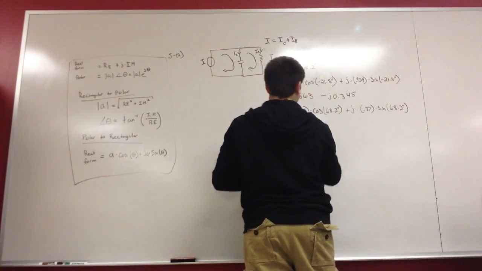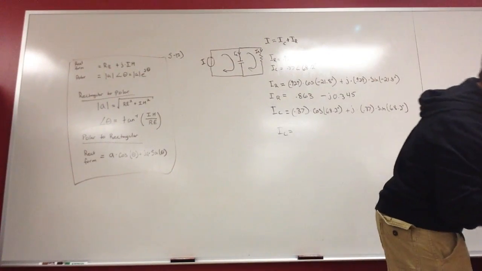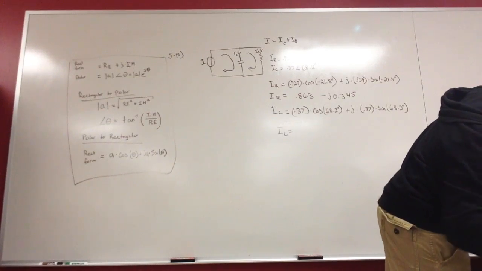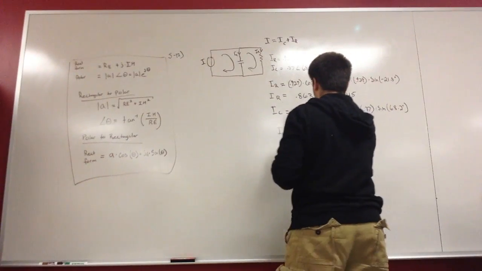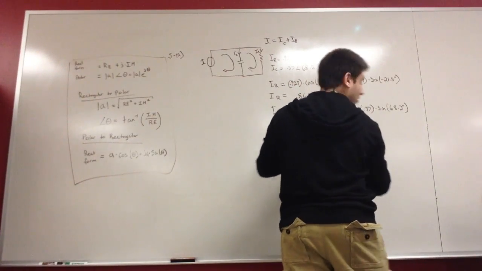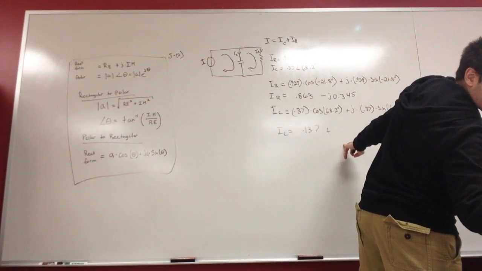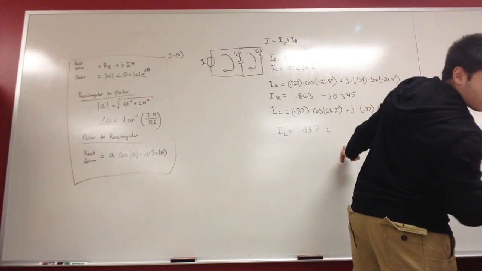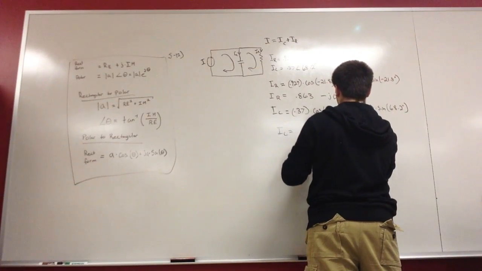I sub C comes out to be 0.137 plus 0.344 J.